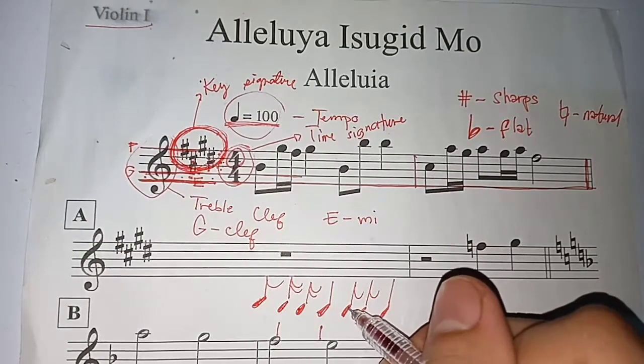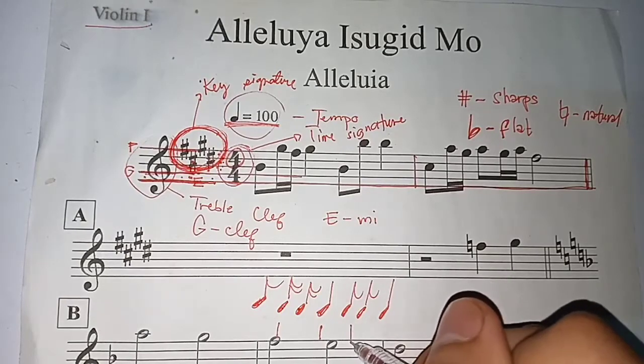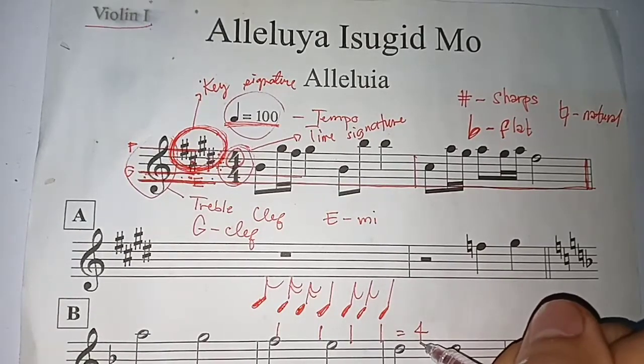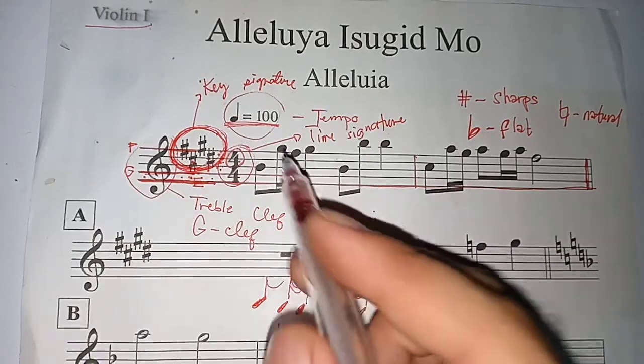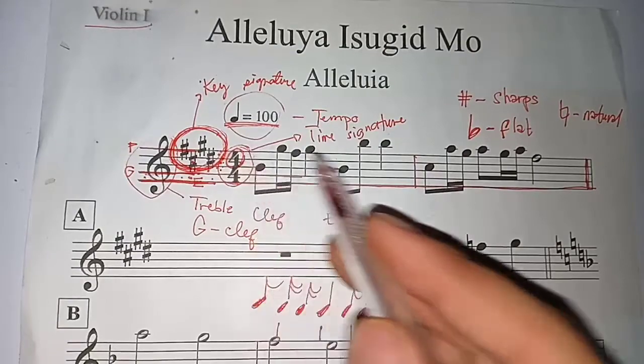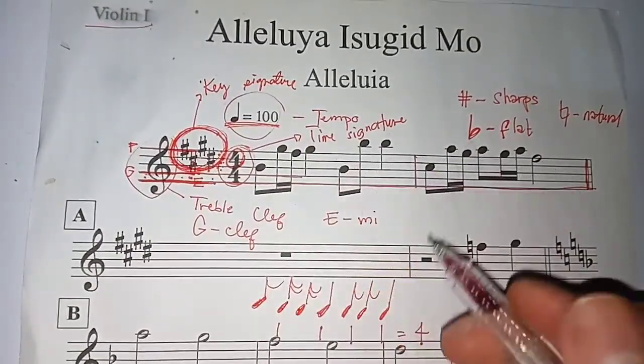This one, half and half, we have 1. Then plus 1, we have 4 counts. So that means this is right. The notes in here are correct, they should have 4 beats.